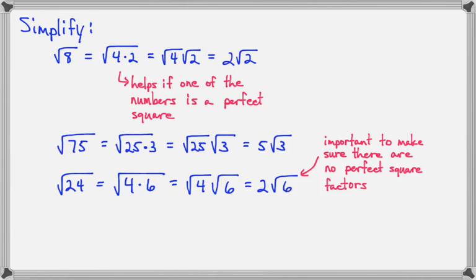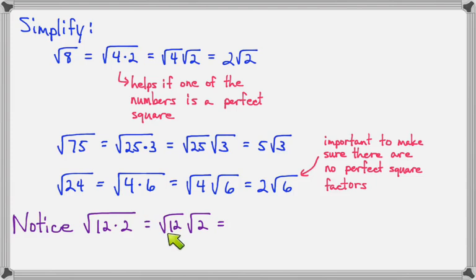So that's important. And also, I want you to notice that it helped us split it up by choosing a perfect square times something else. Here, 12 times 2 does make 24, but this is not as easy because neither one of these is a perfect square. So I have to split up the 12 now, and 12, I guess we could do 4 times 3 would be the easiest thing.